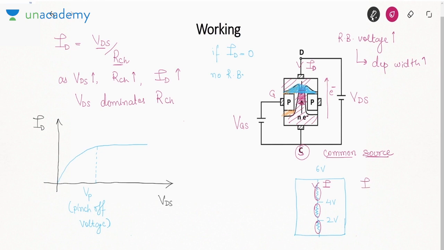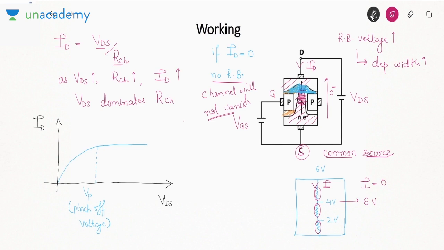If this current is 0, the voltage at each terminal will be equal. That means there will be no voltage drop or no reverse biasing, or the channel will not vanish. Channel cannot vanish unless there is reverse bias. See, when you apply reverse bias, it causes the depletion layer to grow, and when the depletion layer from both sides touch each other, the channel vanishes.